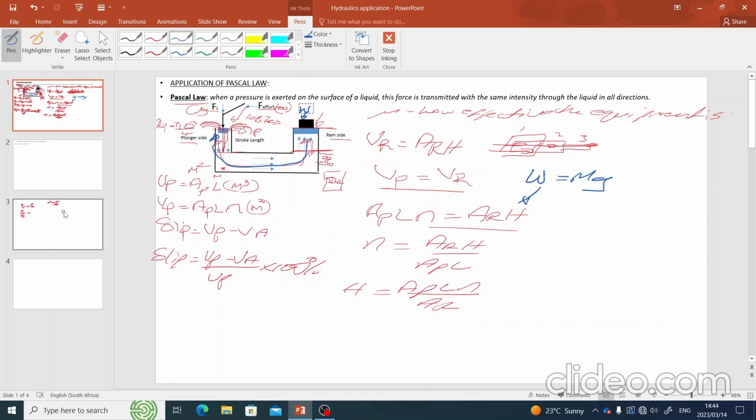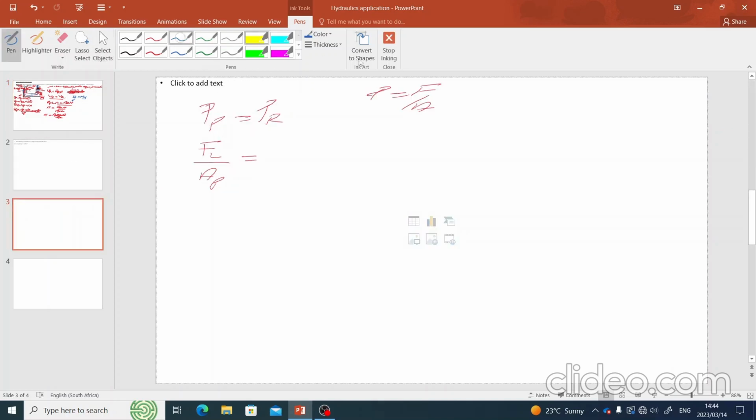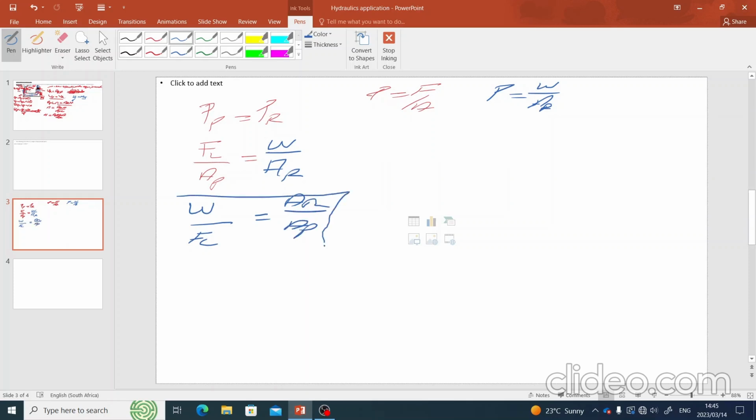Now the force on the ram side, or pressure, equals W over area ram. This is what we have. Then here we are going to have W over area ram. Then we are going to have W over FL equals area ram over area plunger.